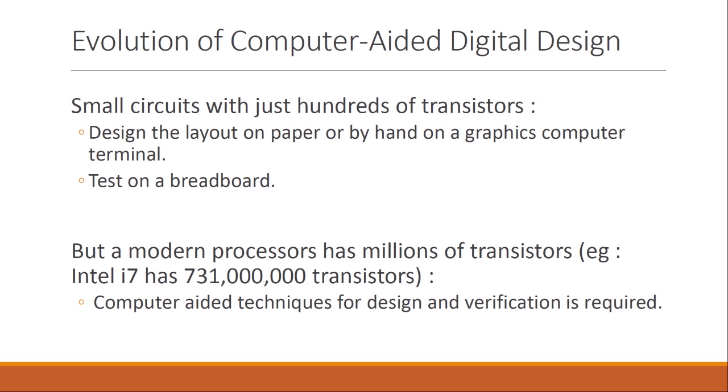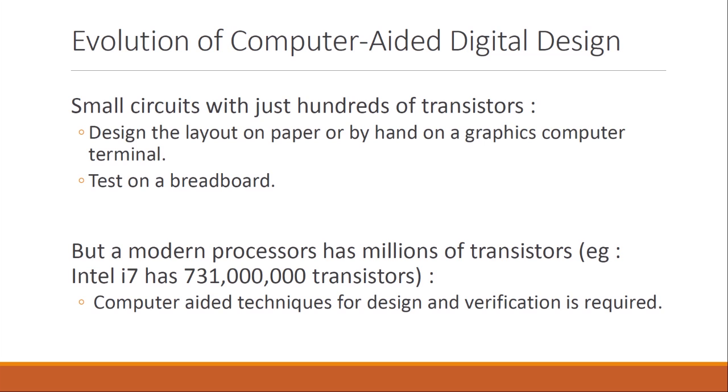But if you consider a modern processor like the Intel i7 processor, it has millions of transistors. To be specific, Intel i7 has 731 million transistors. So a circuit like this, you cannot easily design on paper or by hand, and you cannot test this kind of circuit on a breadboard because it's a complex circuit.